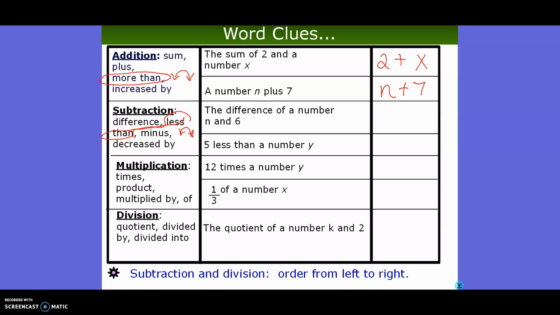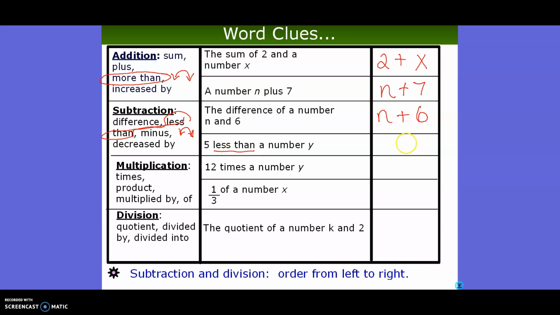Unless it's less than or more than, there's no need to switch the order of what you see in your problem. So if we take a look at the difference of a number n and 6, difference means subtract. The n is written first in my word problem, so in my math problem, it would also get written first. So here we have 5 less than.